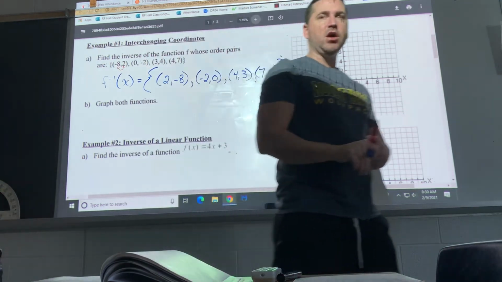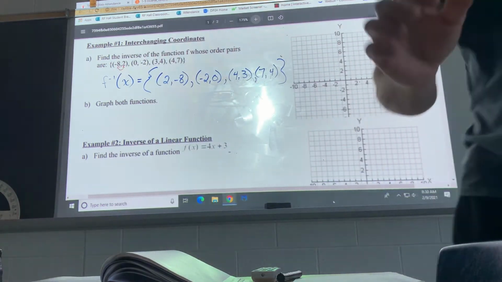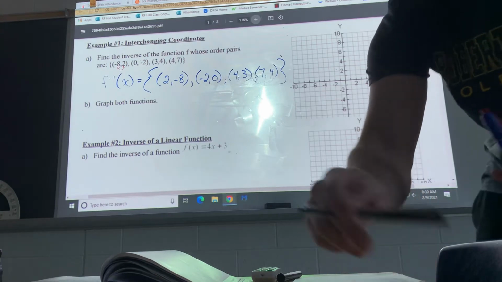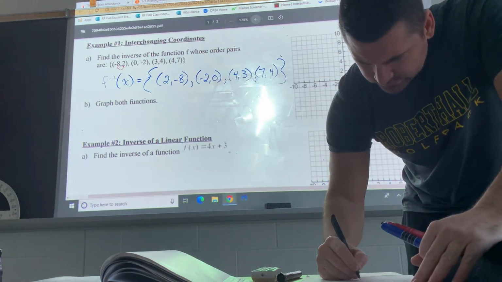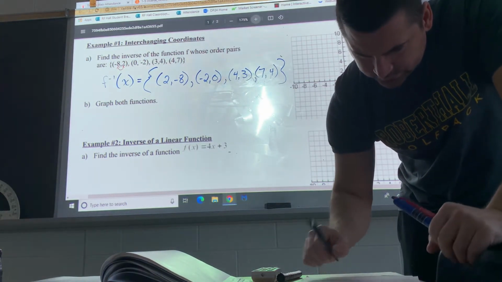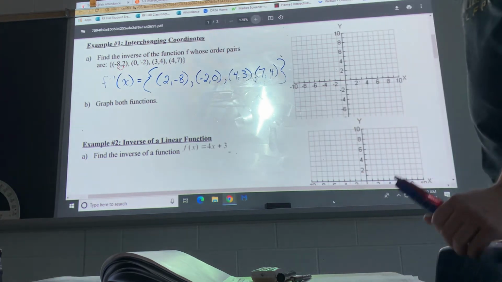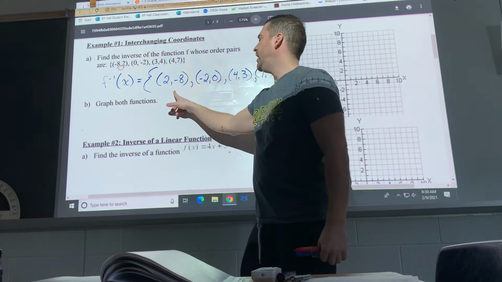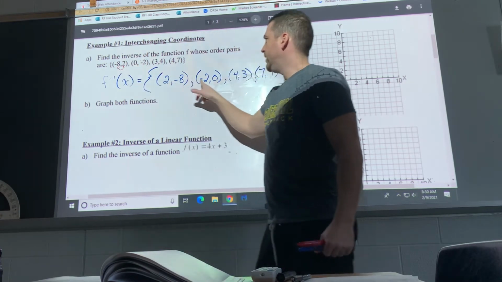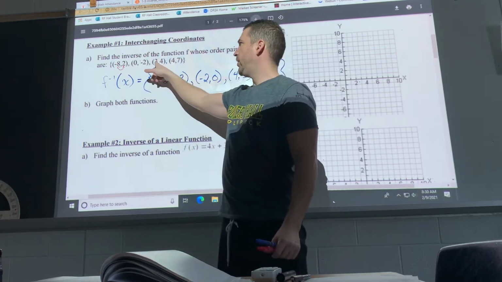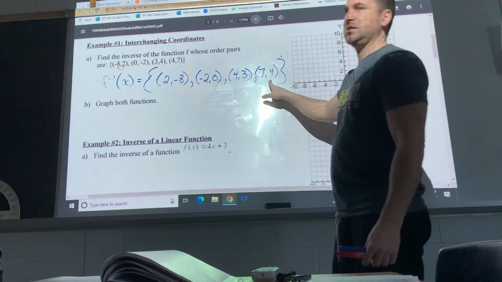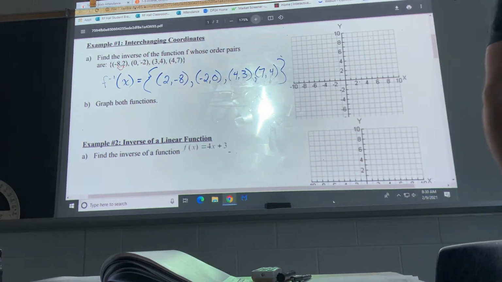So the points are reversed for the inverse. Again, (-8, 2) becomes (2, -8), (0, -2) becomes (-2, 0), (3, 4) becomes (4, 3), and (4, 7) becomes (7, 4). So we reverse it.